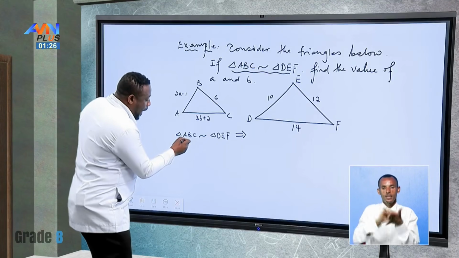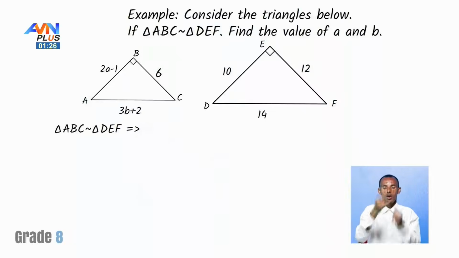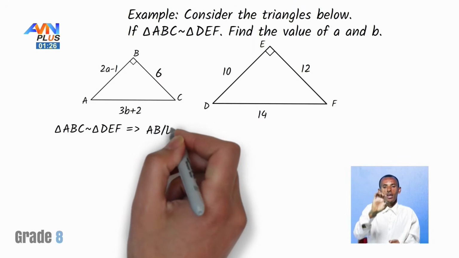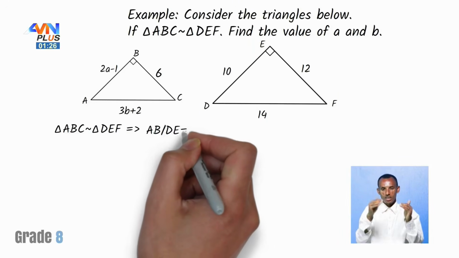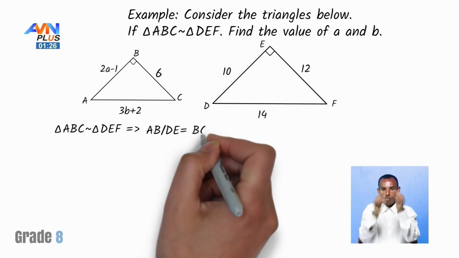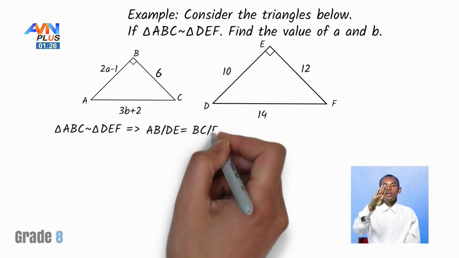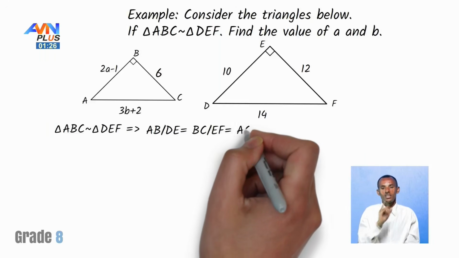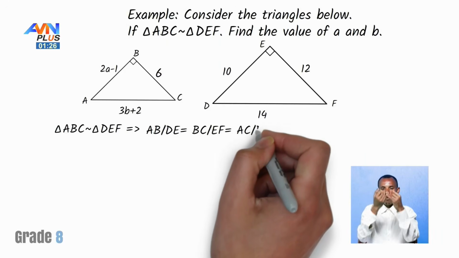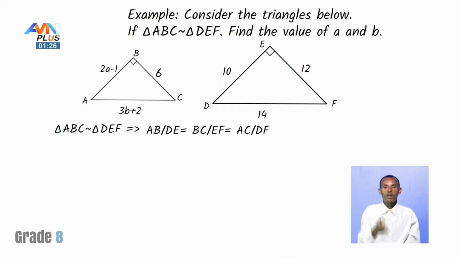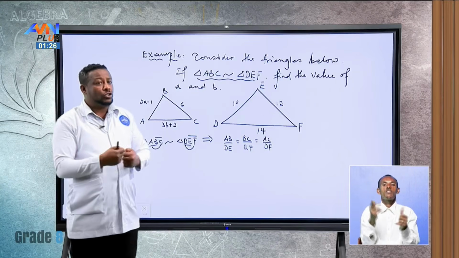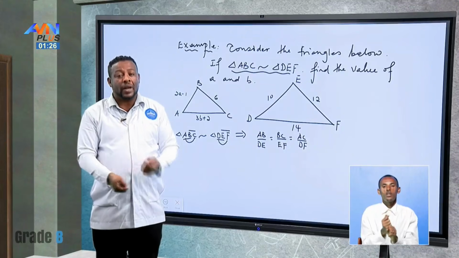That means AB over DE is the same as BC over EF, and the third proportion is AC over DF, okay?